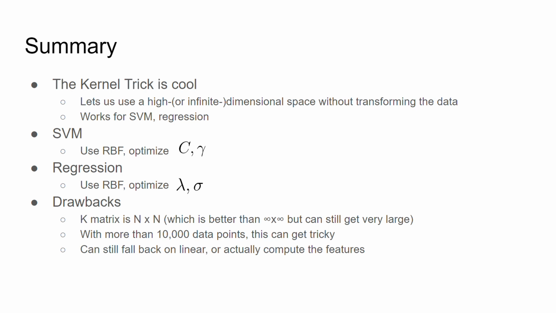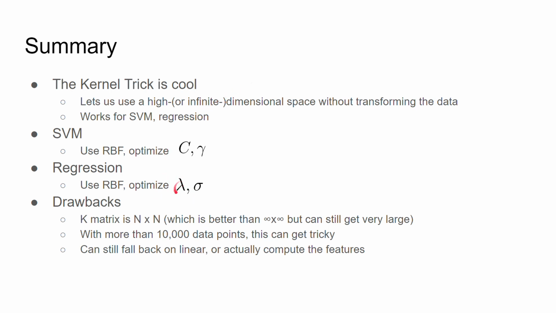With support vector machines, you definitely want to at least try them. It's relatively common to also try them with regression. For support vector machines, use radial basis functions, use the Gaussian, optimize the cost, optimize gamma. For regression, it's really the same situation: use the radial basis functions and then optimize lambda and sigma.